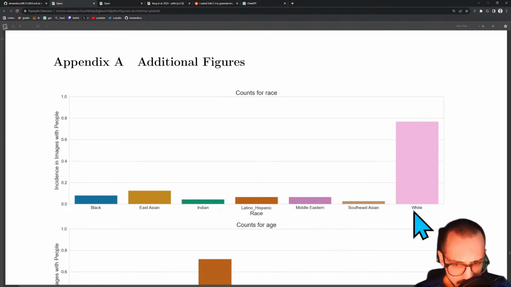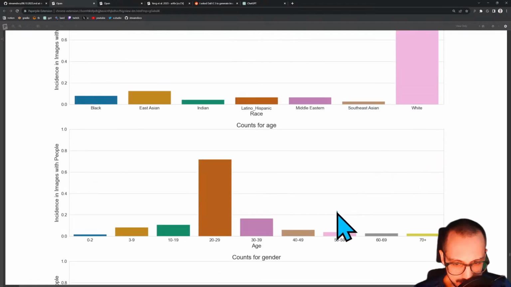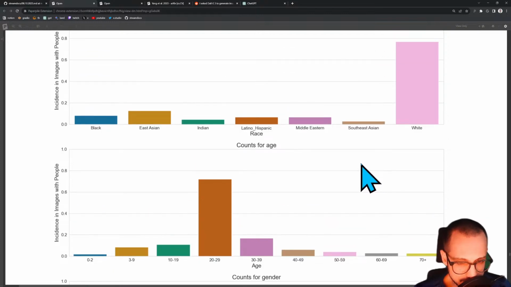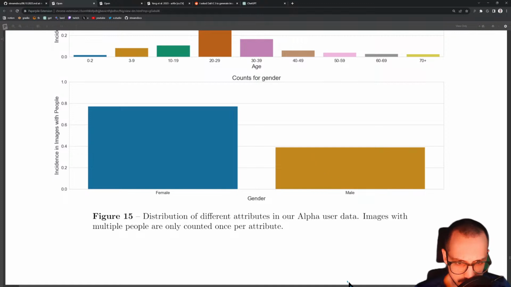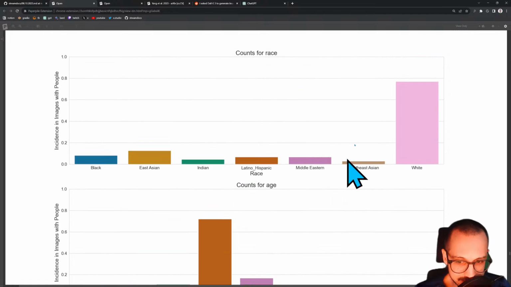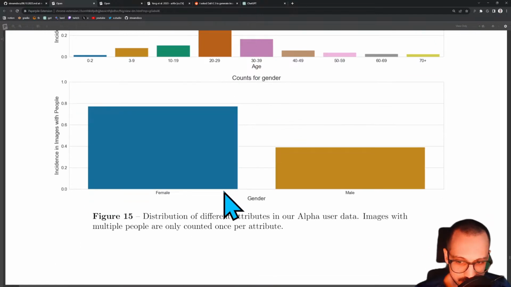So that's just kind of the way it works, right? Generally tends to be attractive white people. I think if you went into a clothing store and looked at the advertisements you would probably get this same exact distribution. So it makes sense that the model outputs this exact distribution. And look at that. It's not even male biased. It's female biased, right? Because more often than not, when people take pictures for some kind of advertisement purpose, they generally tend to want white 20 to 29-year-old females.